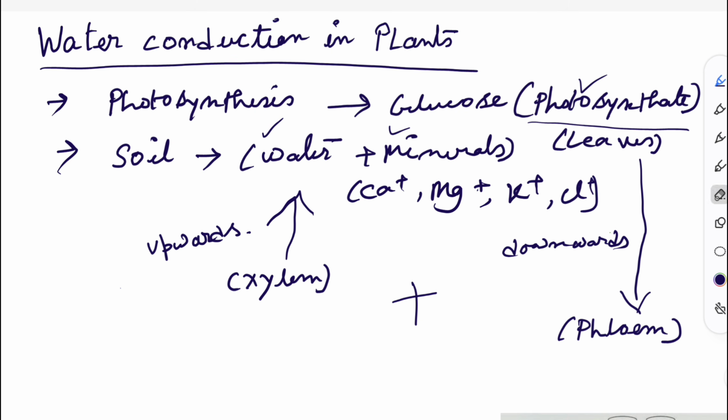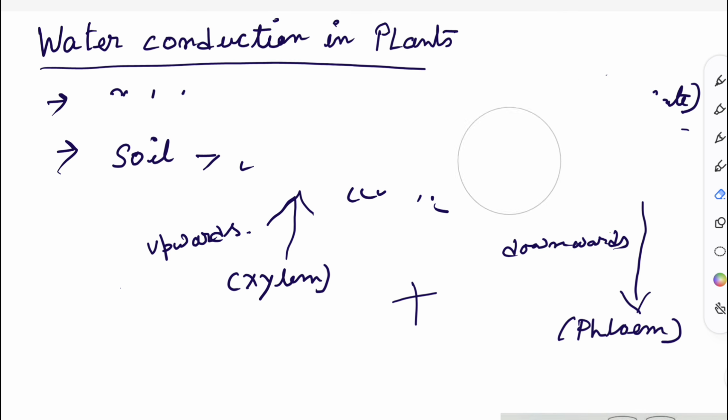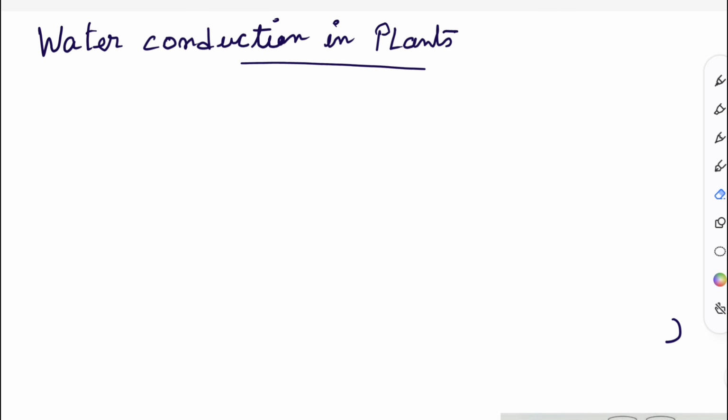Now, for absorption and conduction of water and minerals between the cells, and from the cells to the environment, the following physical processes are involved in transport. First one is imbibition.